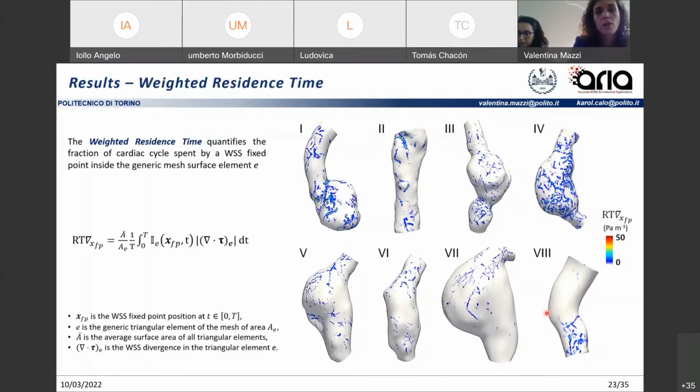The analysis of the luminal surface distribution of fixed point weight and residence time highlighted the presence of a region at the aneurysm sac and close to the neck, where instantaneous wall shear stress fixed points appear and reside for a longer fraction of the cardiac cycle.